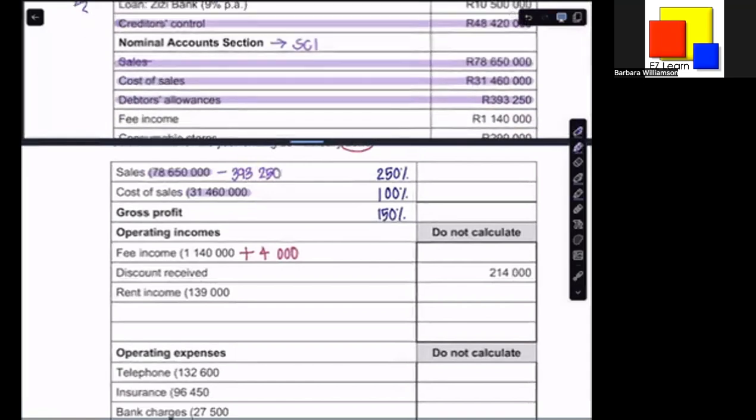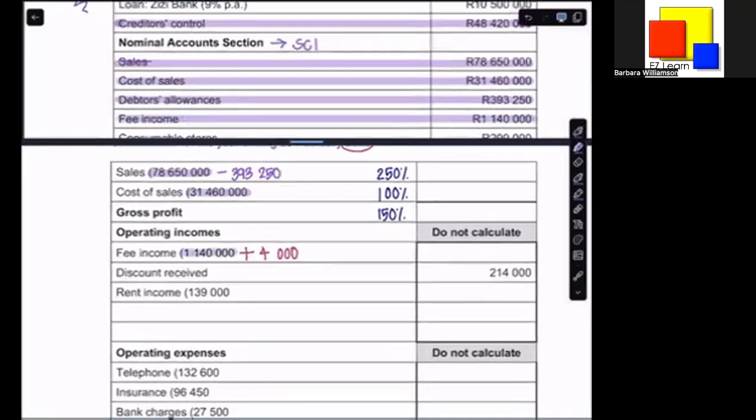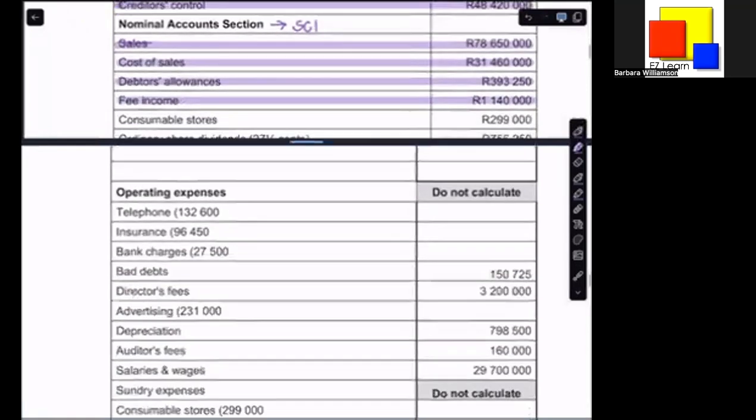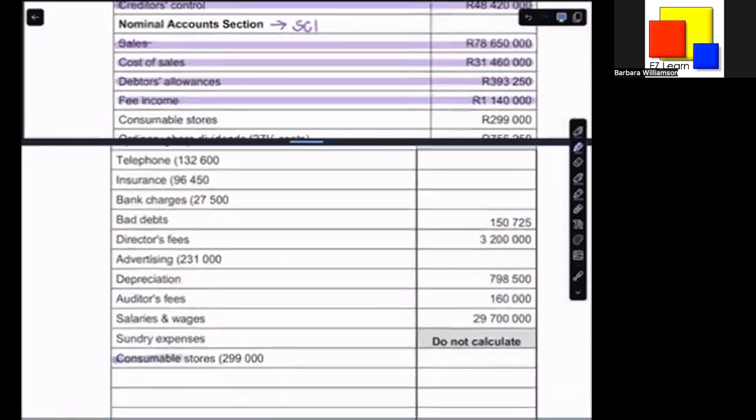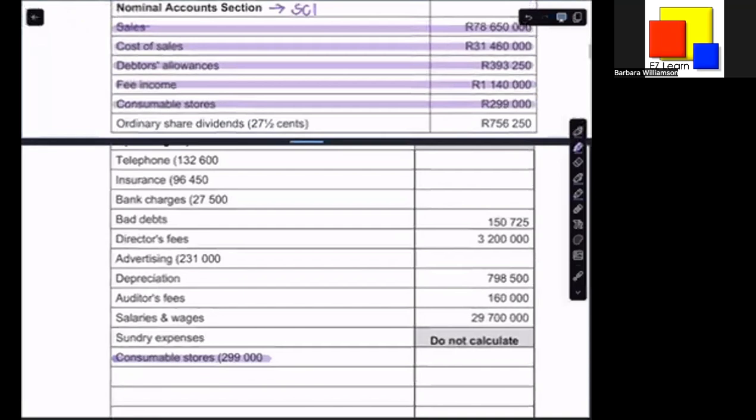Fee income has already been entered for us. Consumable stores, we can see, is already there. And then ordinary share dividends.